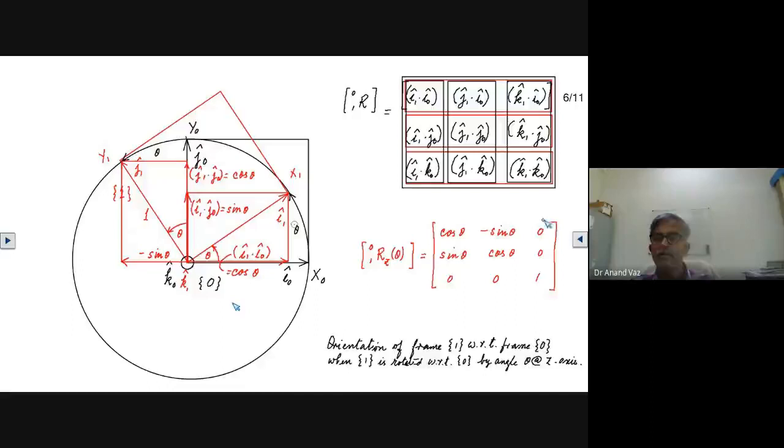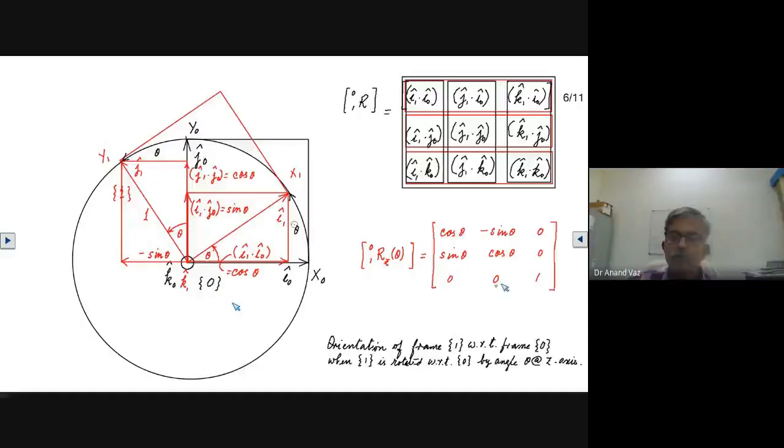Third column indicates the unit vector K1 as expressed in the frame 0. It is 0, 0, 1. And all these columns have the same magnitude. You square up these elements and add them up, take the square root, you will get it as equal to 1.